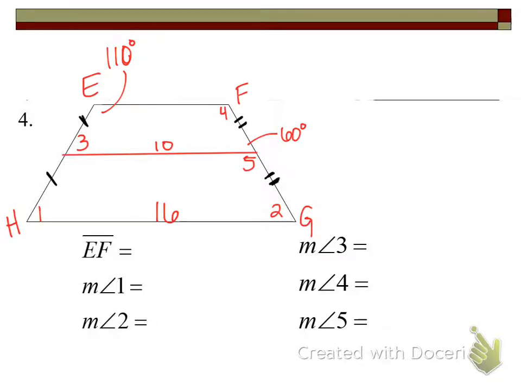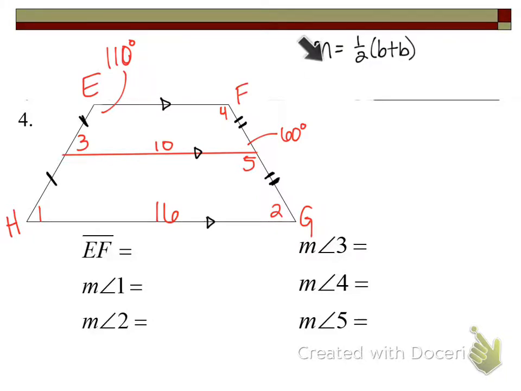Let's start with finding EF, which is actually one of our bases. If I show my little parallel triangles there, you can put one on the median as well. Now, on the front page of our notes, we learned that the median is equal to half of the sum of our bases.